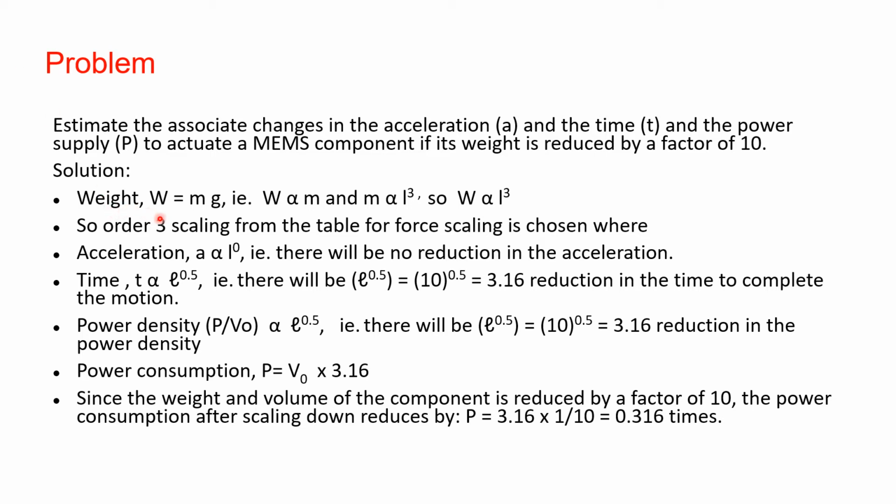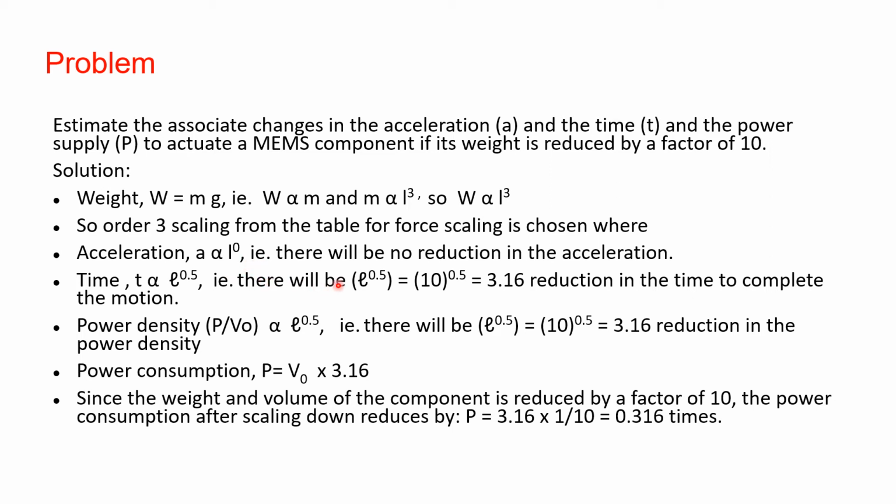Now, weight of the component W is given by mg, that is, weight is proportional to mass and mass is proportional to the volume, which is related to the linear dimension as L cube. So mass is proportional to L cube. That makes weight also proportional to L cube. So the order 3 scaling from the table for force scaling is chosen. So based on that order 3 scaling, the acceleration A is proportional to L raised to 0.